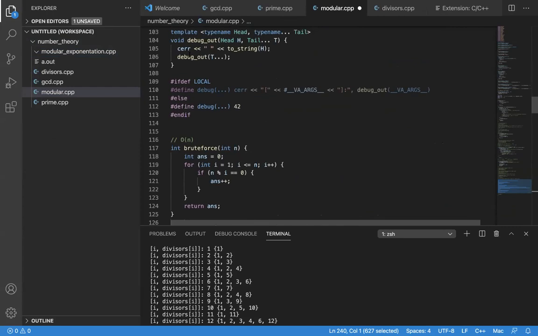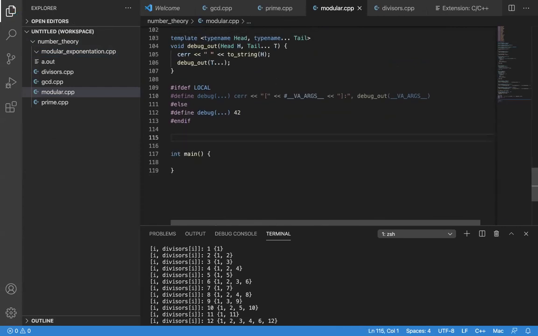So modular arithmetic, do you know the basics of that? It's really simple. It's not that complicated. So let's do this thing.